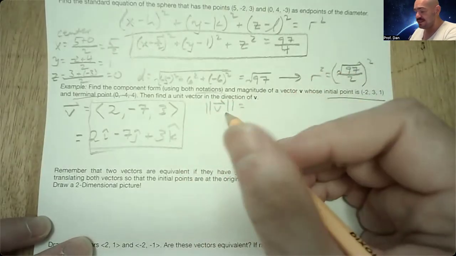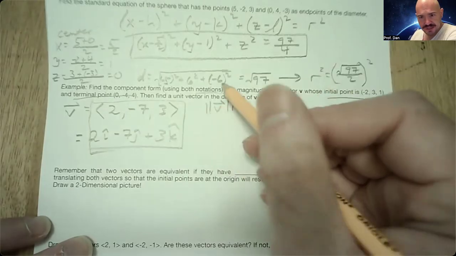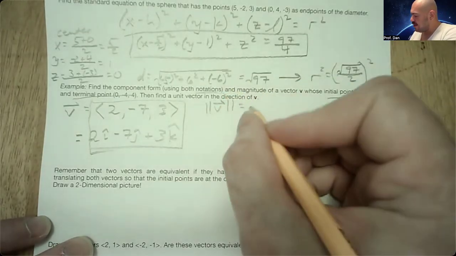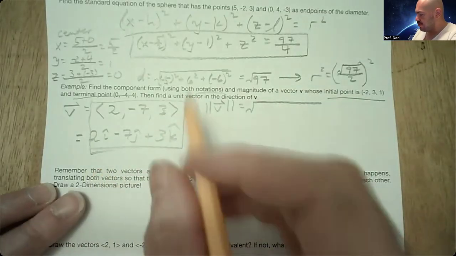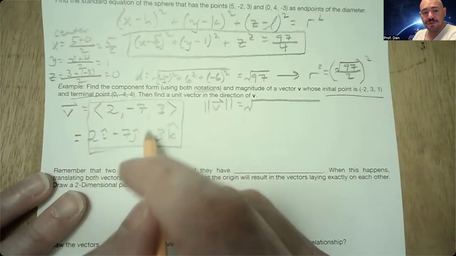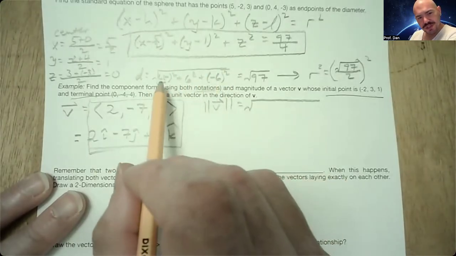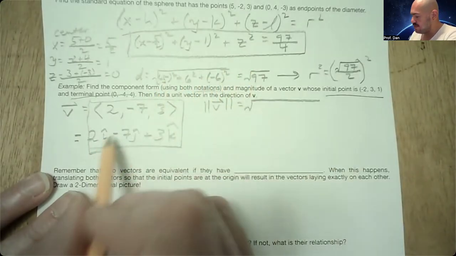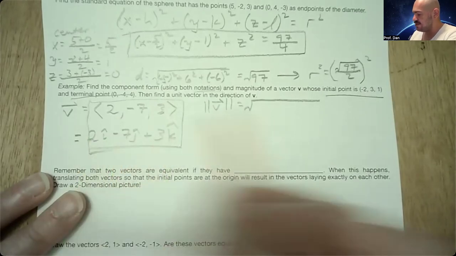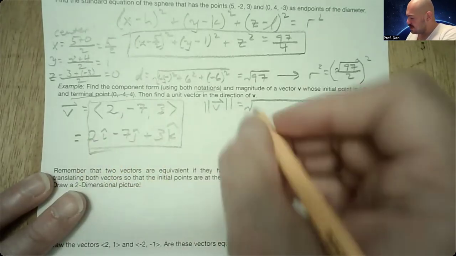And remember, we can basically do that using the distance formula, right, which is just an extension of the Pythagorean theorem. But since we already got our vector in component form, we don't have to go through the mental labor of figuring out what the change is in each coordinate. We could just take these components and go with it.